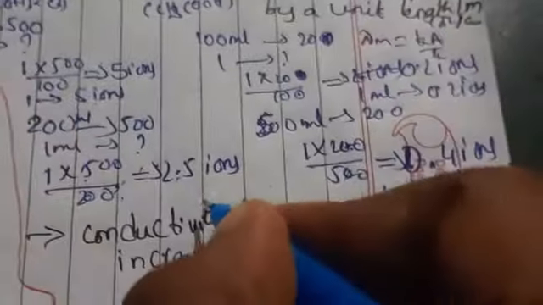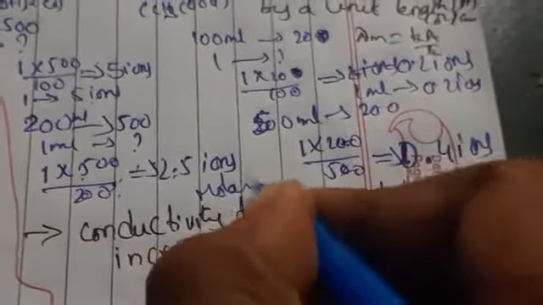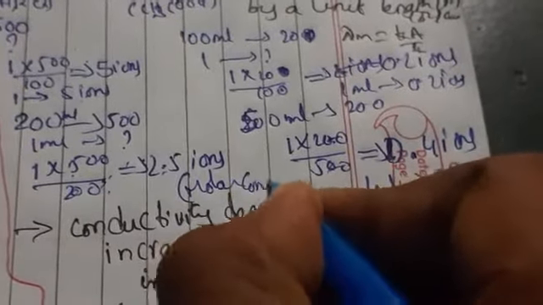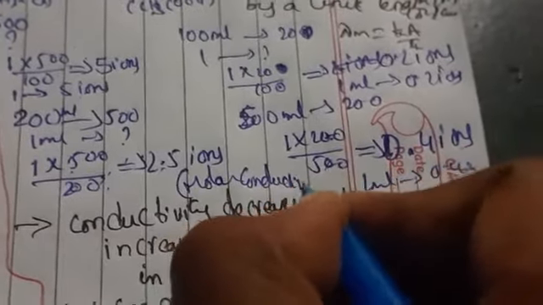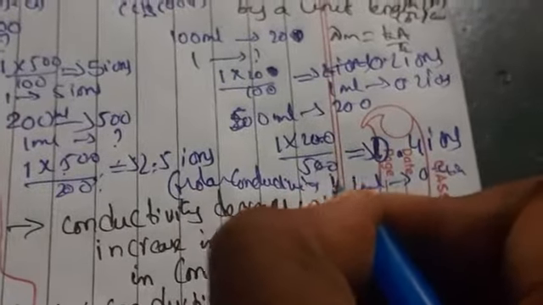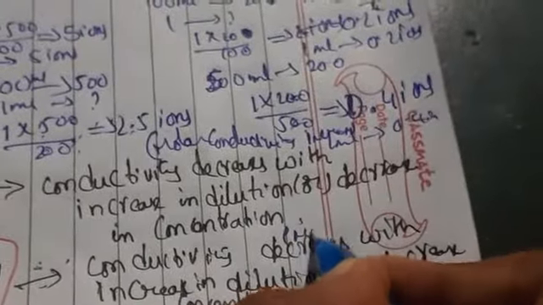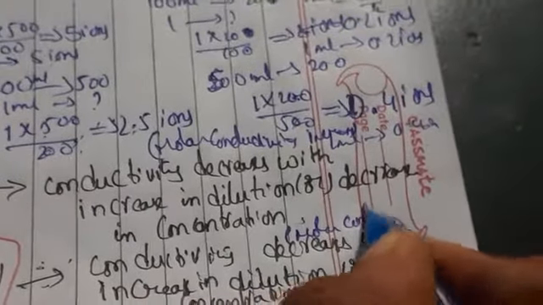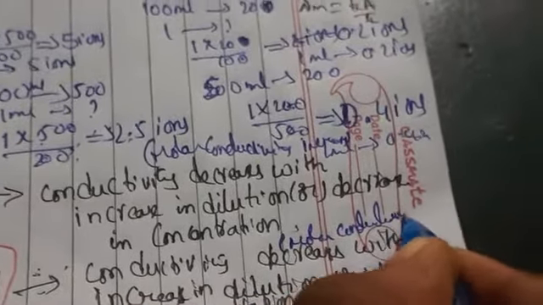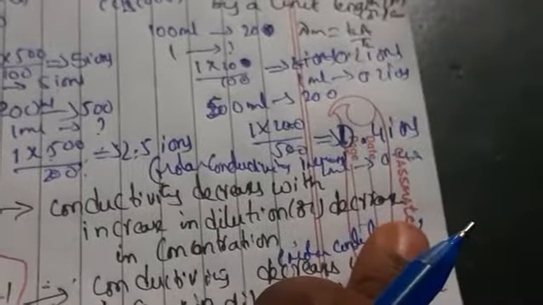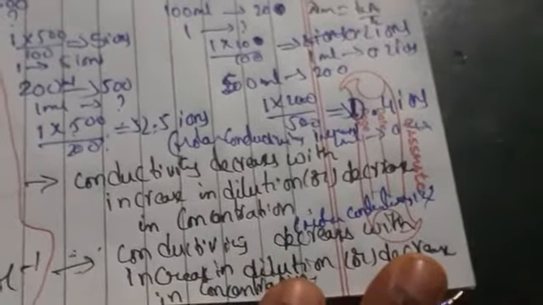So molar conductivity increases here. Okay, here also molar conductivity increases, because conductivity is decreasing in both cases.